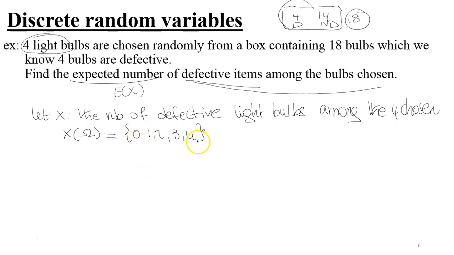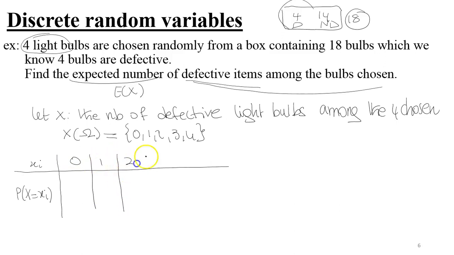So X of omega, the set of possible values that the random variable can take, is in fact 0 to 4. In order to determine the expected number, we need to start by setting up the probability distribution of this random experiment. So we need a table with x_i and the probability of X equals x_i: 0, 1, 2, 3, 4, and the total.